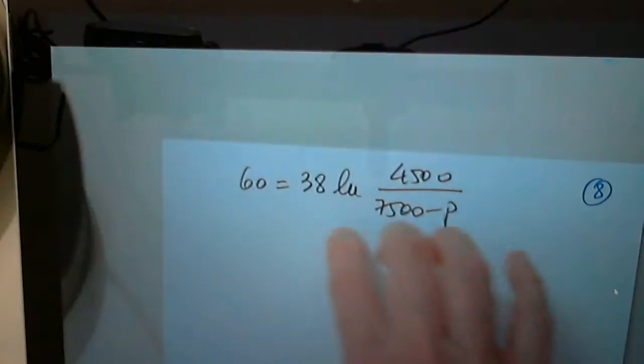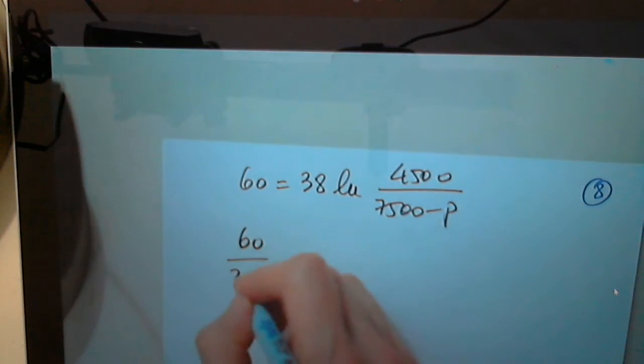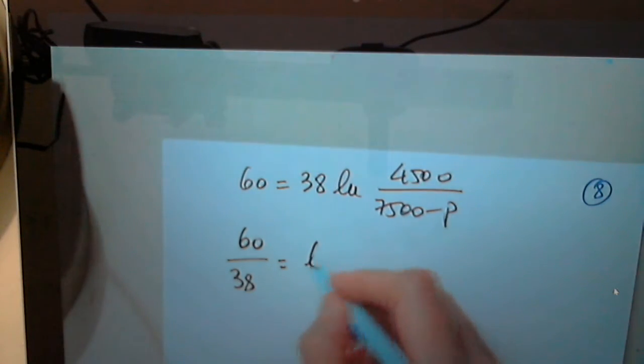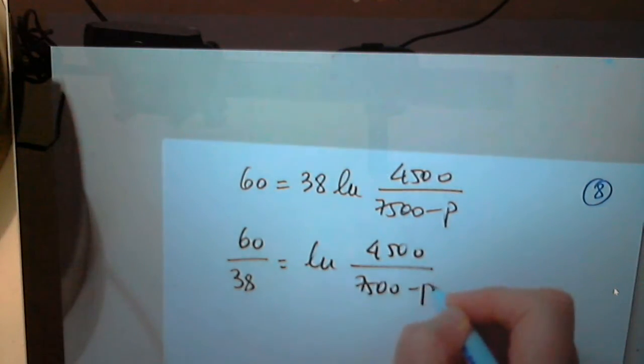Okay, so what is the first step here? How do I solve this equation? Anyone? Divide the constant. Yes. Absolutely. So first we divide, so we have 60 divided by 38 equals natural log 4,500 over 7,500 minus p.